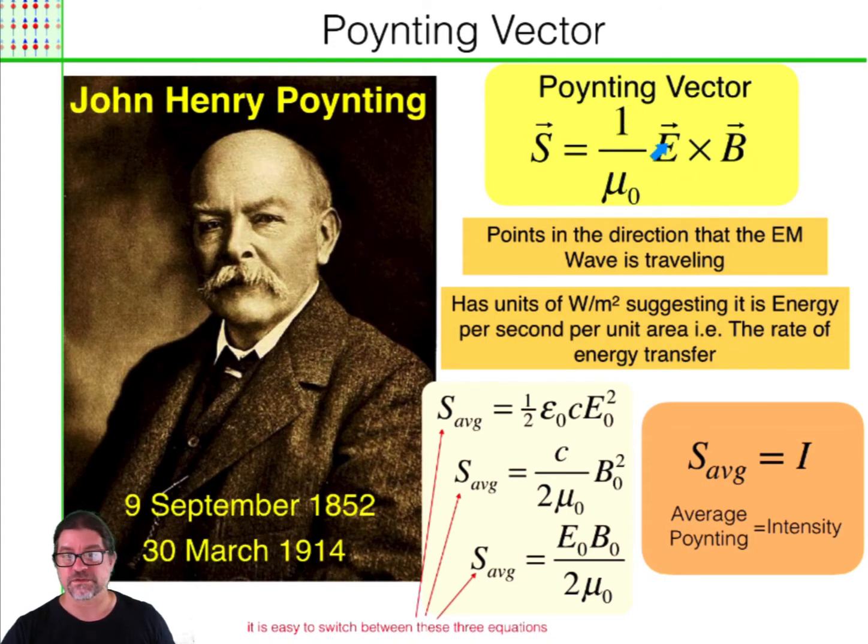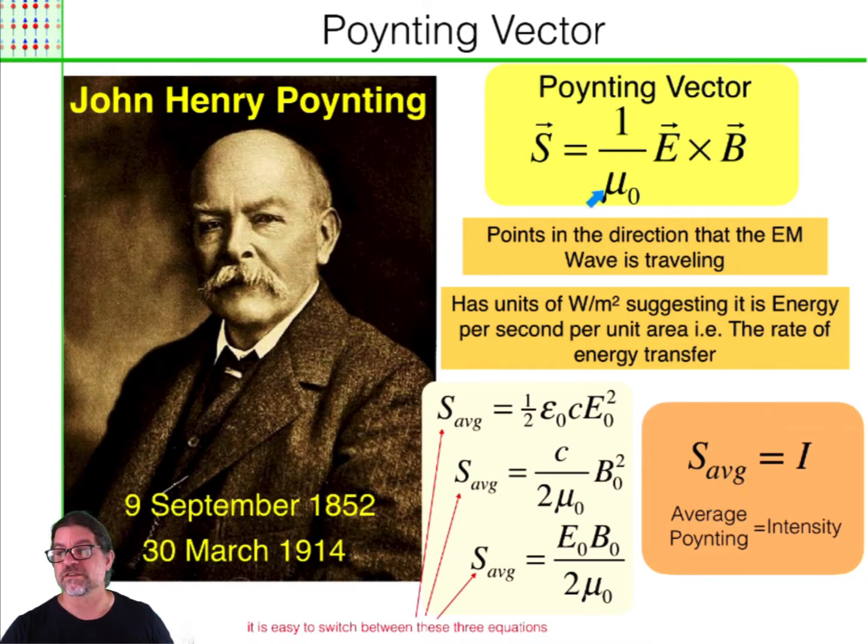So if you have an expression for the electric field and an expression for the magnetic field, and you take their cross product, you get a vector that points in the direction that it's traveling. It has units of watts per square meter, which means that it is energy per second per unit area, i.e. its intensity, and it's also the rate of energy transfer per square meter. So it is how much energy is transferred per square meter by the wave.